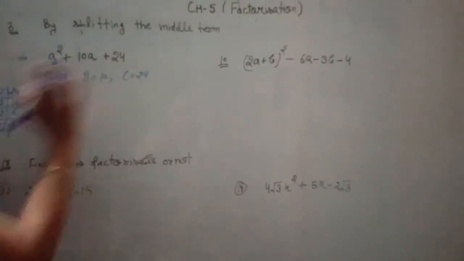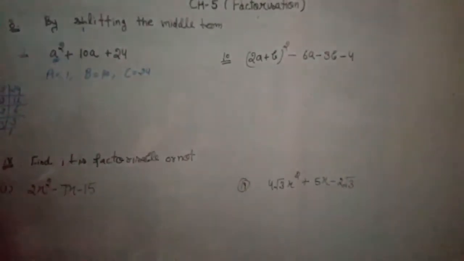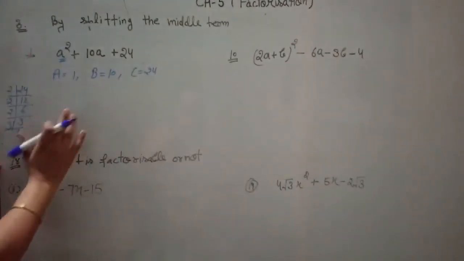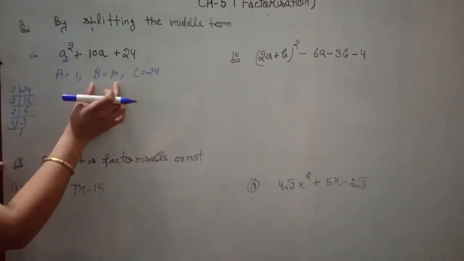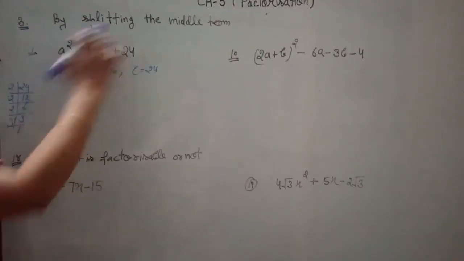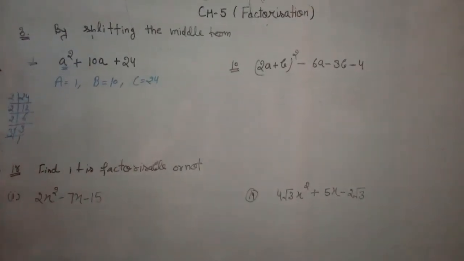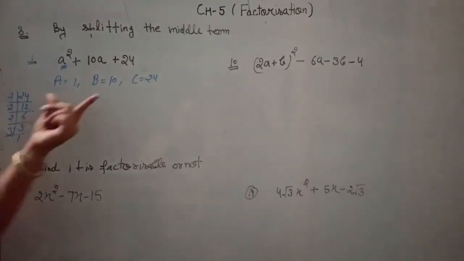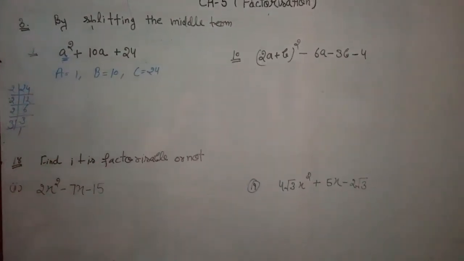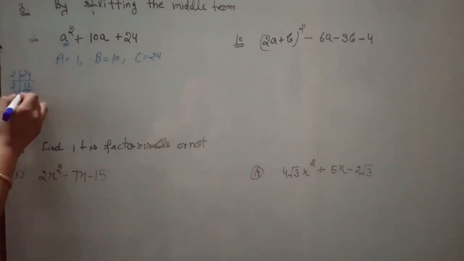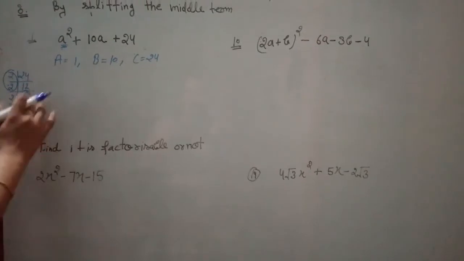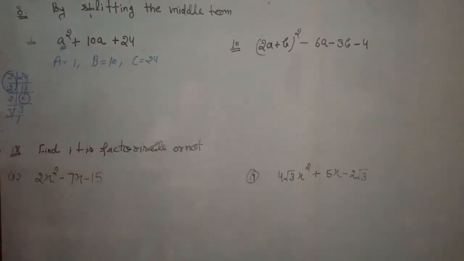All factors are positive, so we take both parts positive, such that the 2 parts sum to 10 and the product is 24. If we take 2 and 12, then the sum is not 10. Again, if we take 6 and 4, then the sum is 10 and the product is 24.